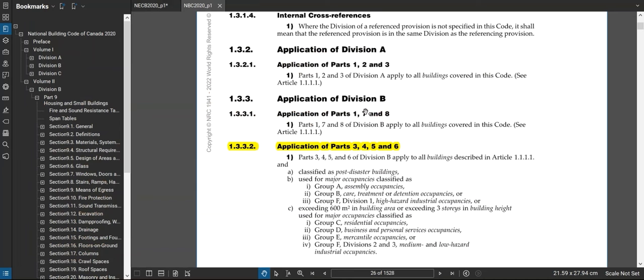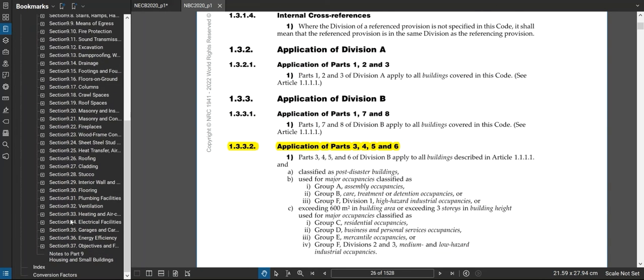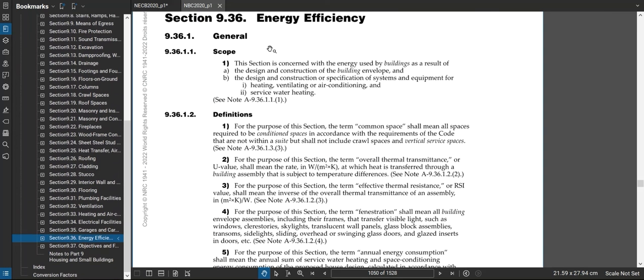And so the question might come up of, well, if the National Energy Code only applies to Part 3 buildings, what do you do in Part 9? So if you're familiar with Part 9, it's in Volume 2 of the National Building Code, and basically the energy code requirements are in Section 9.36, Energy Efficiency.